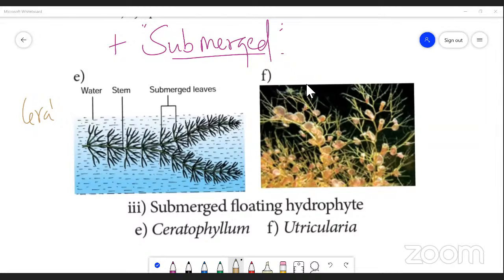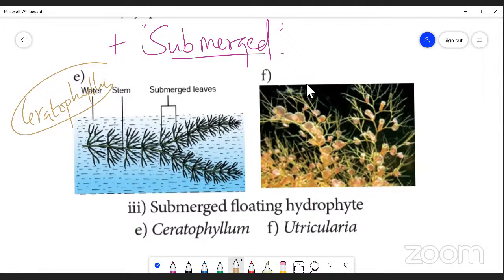There is no root, but the leaves are there. All the leaves are dissected in nature and submerged. These submerged leaves help the plant to float, not on the surface of water, just in the middle of the water body. So that is called a submerged hydrophyte.